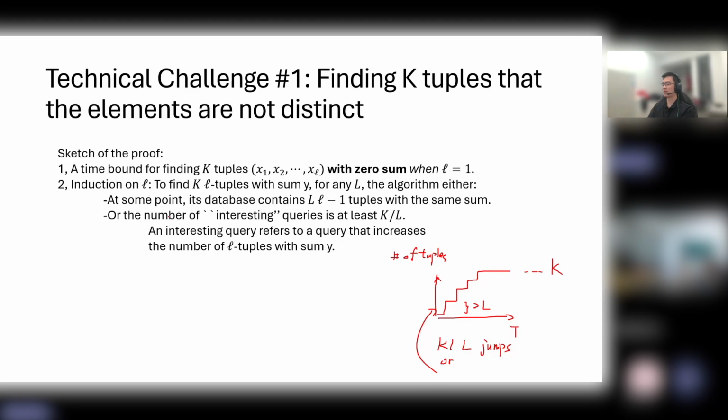So this is also a pigeonhole principle. For this first part, we know it because we are in an induction. The first part is basically from the induction result, the L minus 1 tuples.